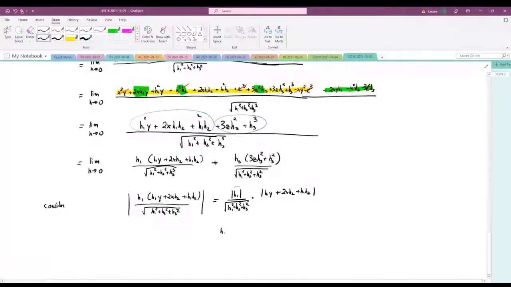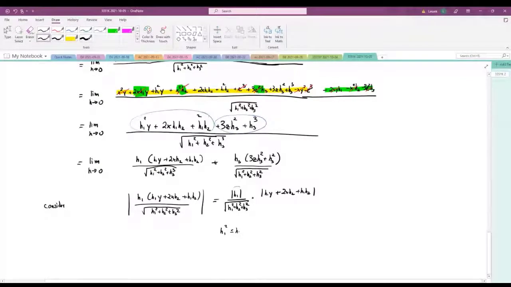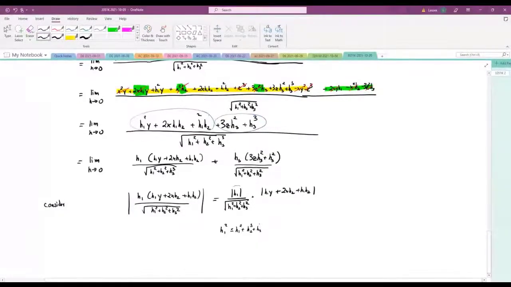If you take any one component squared, and you just add more non-negative quantities, the resulting thing should be at least as large.